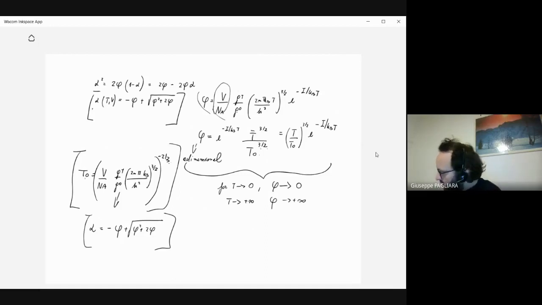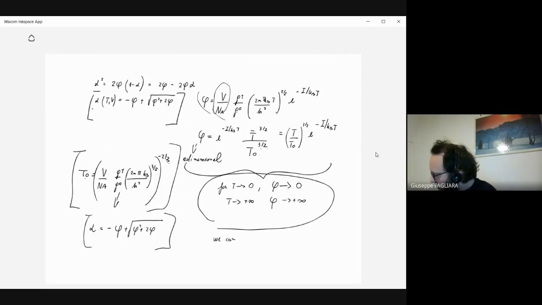Okay. And in these two limits, we can derive an analytical formula, well, a simple scaling between alpha and phi. So let me write this. We can determine the scaling of alpha with phi. At least in these two limits, we can derive a simpler formula. Okay, let me take another piece of paper.